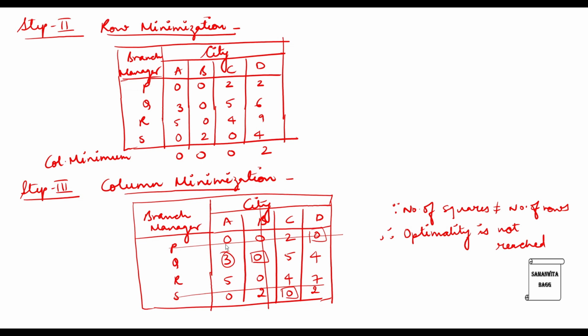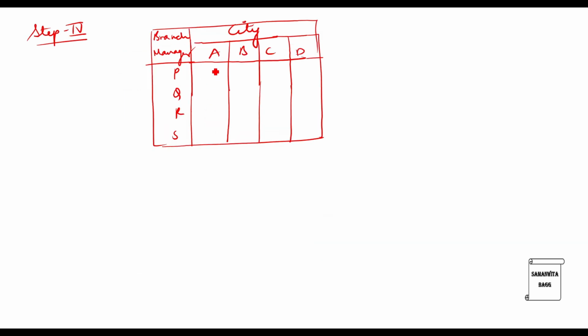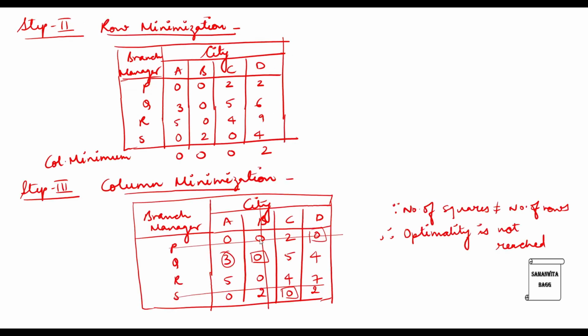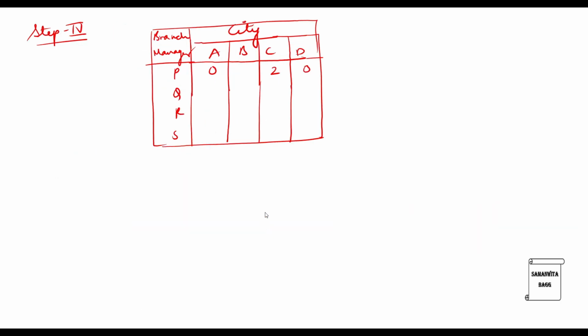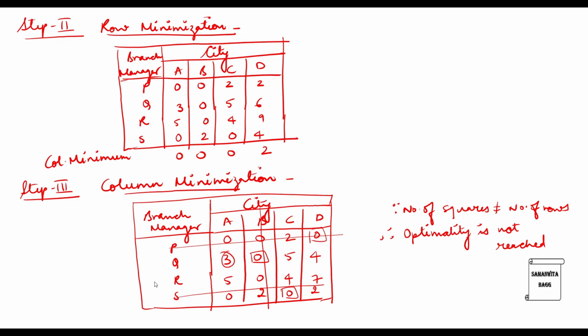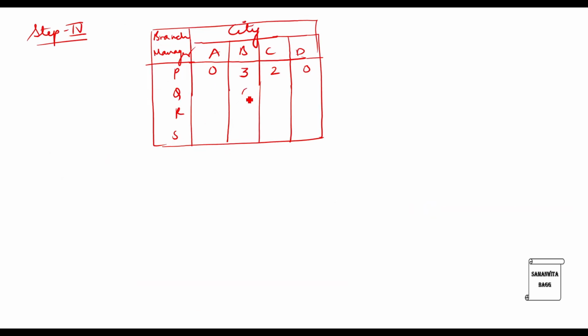So let's allocate the values. This is 0, 2 and 0. At the intersection here you will add 3. So this will now become 3. Then here you will have to copy the same values 0, 0, 0, 0 and 2.